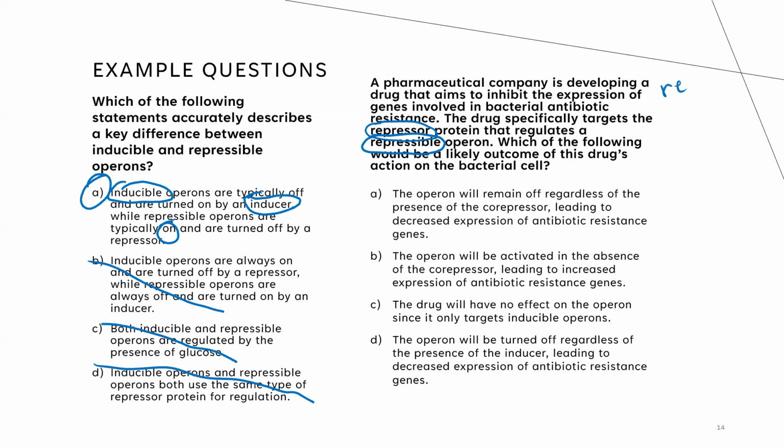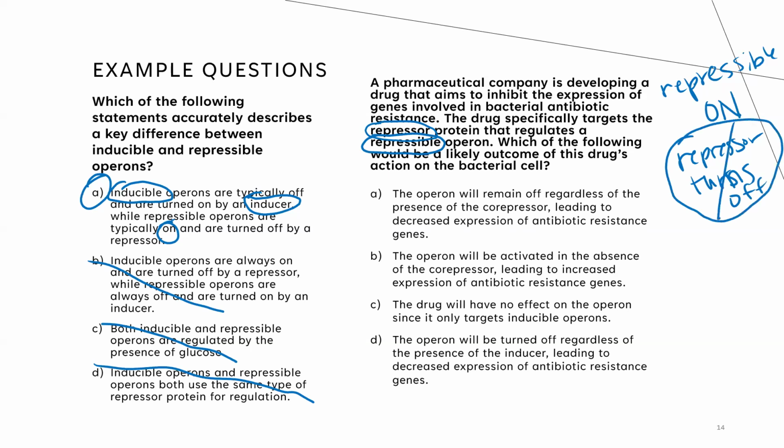A repressible operon is what we're dealing with. So it is something that can be turned off, so it must be on. And we're talking about targeting the thing that can turn it off. So normally the repressor turns off that system. Now imagine that it doesn't work. That's the idea of what's going on with this drug.